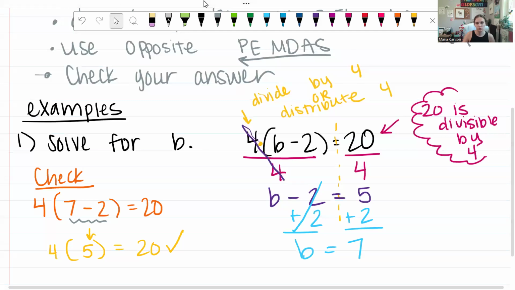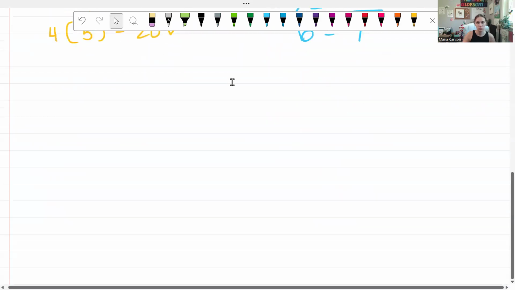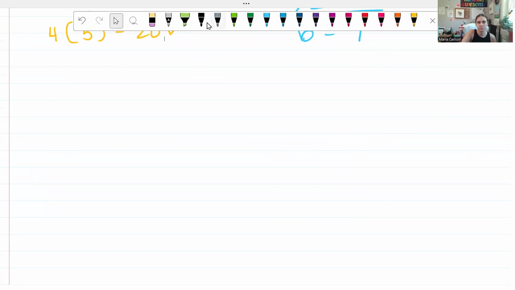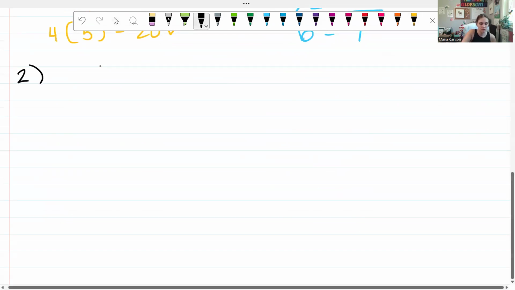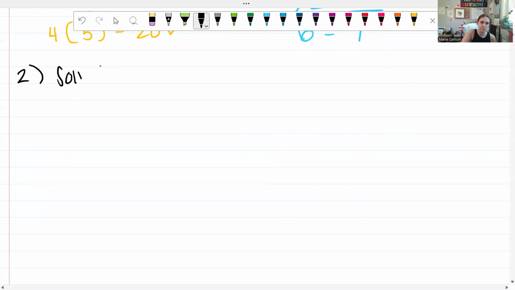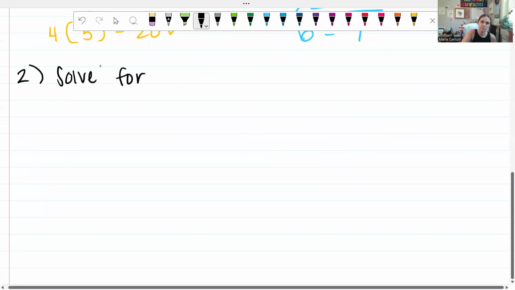All right. Number 2. Let's solve for j. We have 10j minus 1 is equal to 7j plus 26.